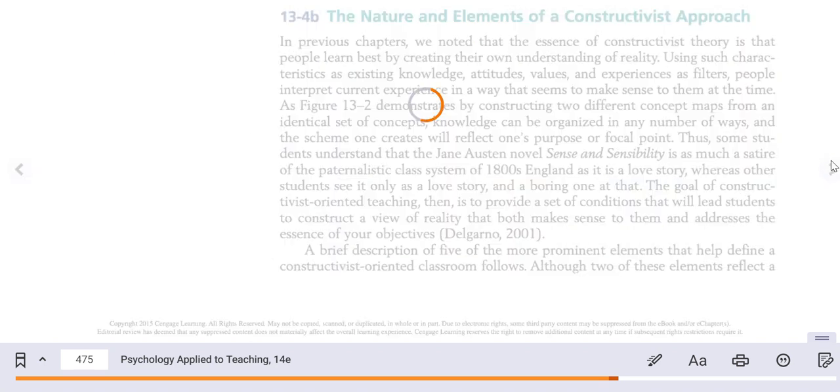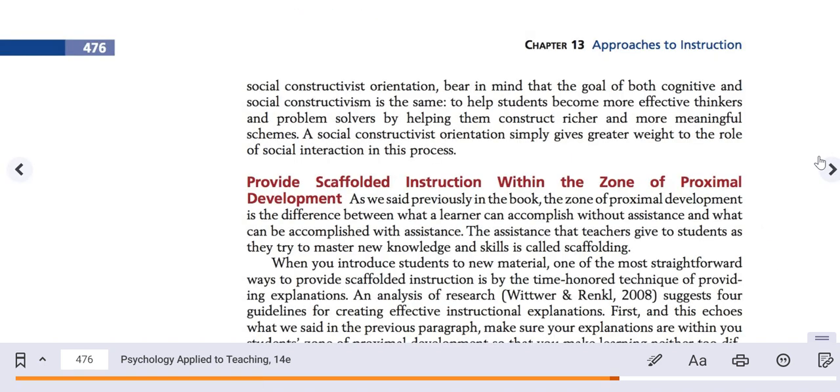Although 2 of these elements reflect a social constructivist orientation, bear in mind that the goal of both cognitive and social constructivism is the same: to help students become more effective thinkers and problem solvers by helping them construct richer and more meaningful schemes. A social constructivist orientation simply gives greater weight to the role of social interaction in this process.